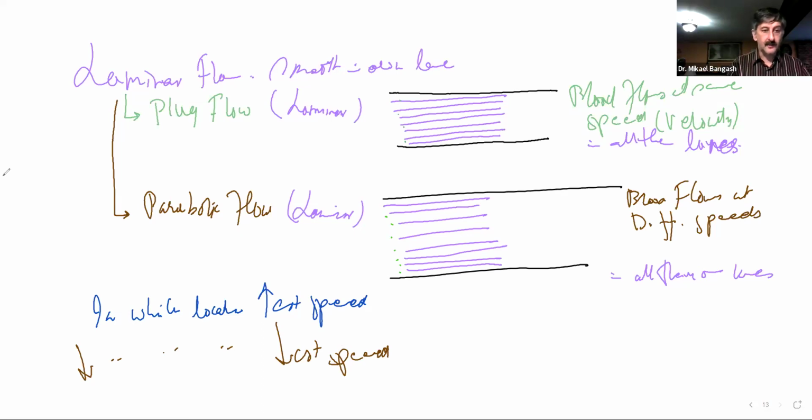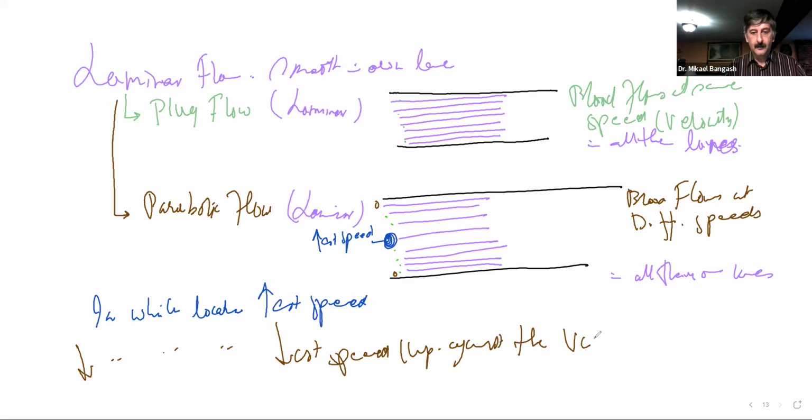Now, guys, as far as the highest speed is concerned, that's going to be in the center. The slowest speed of all of them is going to be towards the periphery of the vessel, or we can say up against the vessel walls.